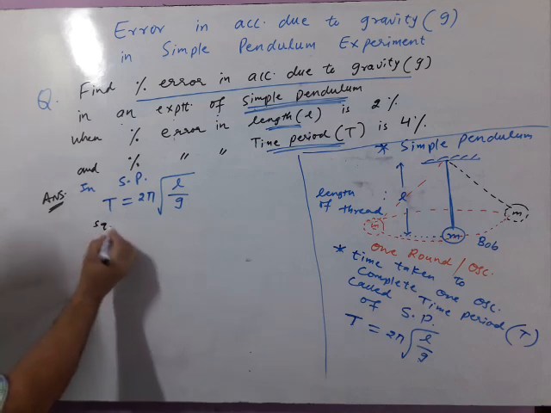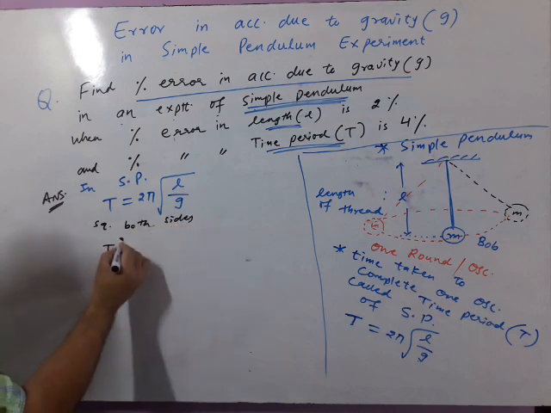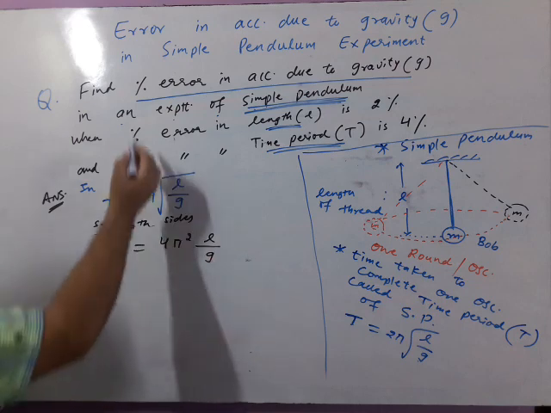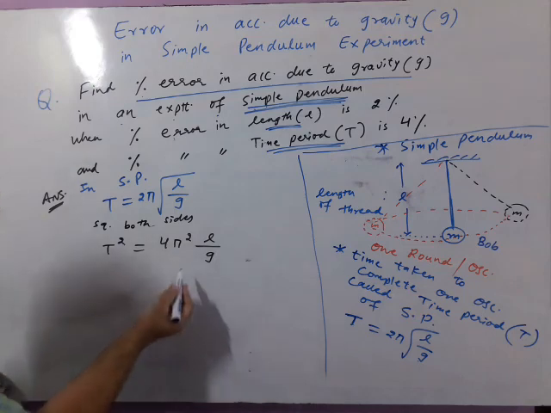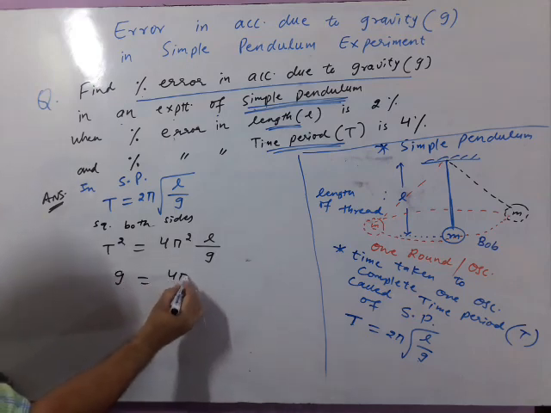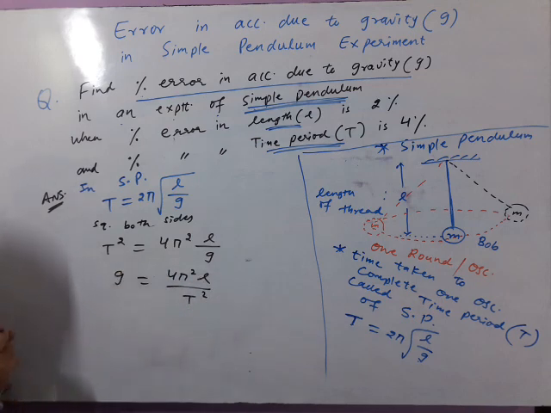Squaring both sides, you see T square is 4 pi square L by G. Since we are finding percentage error in acceleration due to gravity, shift this G on left hand side and T square in the denominator. Now this is the concerned formula.